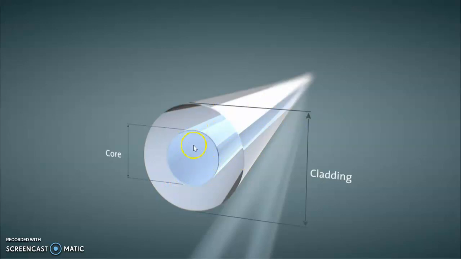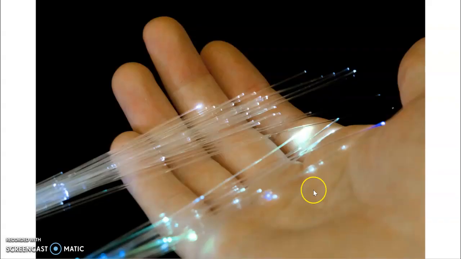Even though there is a change in medium, there is one core, the inner medium, and the cladding, the outer medium. Even though we have two media, the light will be trapped in the core alone. Optical fibers are very lightweight, very thin, and very effective.